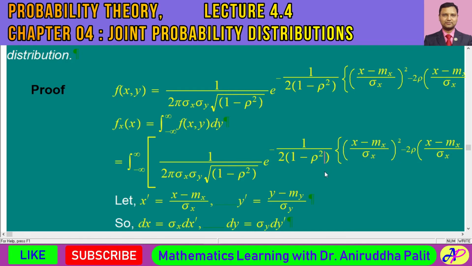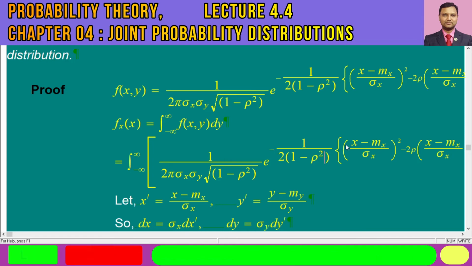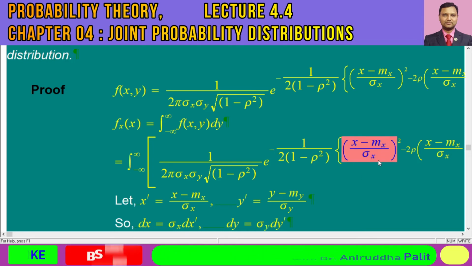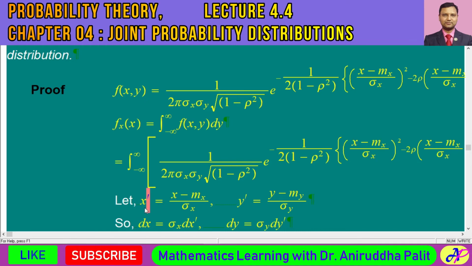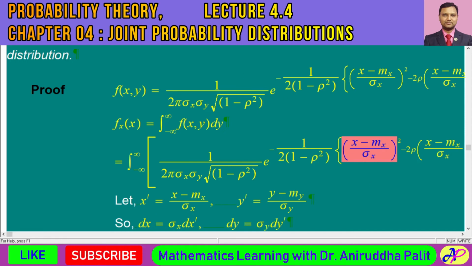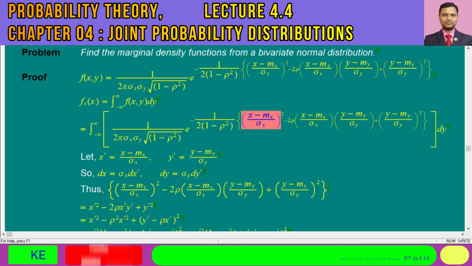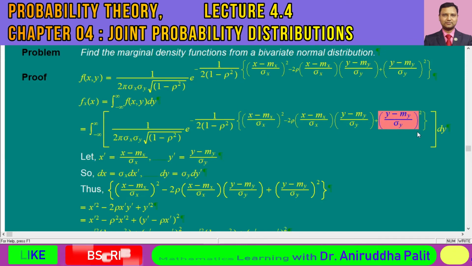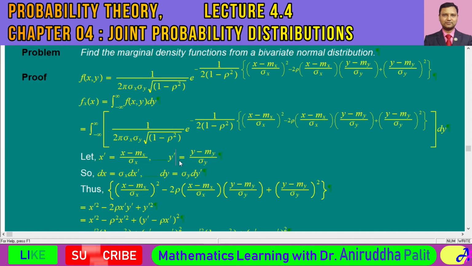For the sake of simplicity, let us designate the expression inside the bracket, x minus mx by sigma x, by x prime, and similarly the expression for y, y minus my divided by sigma y, let us consider as y prime.